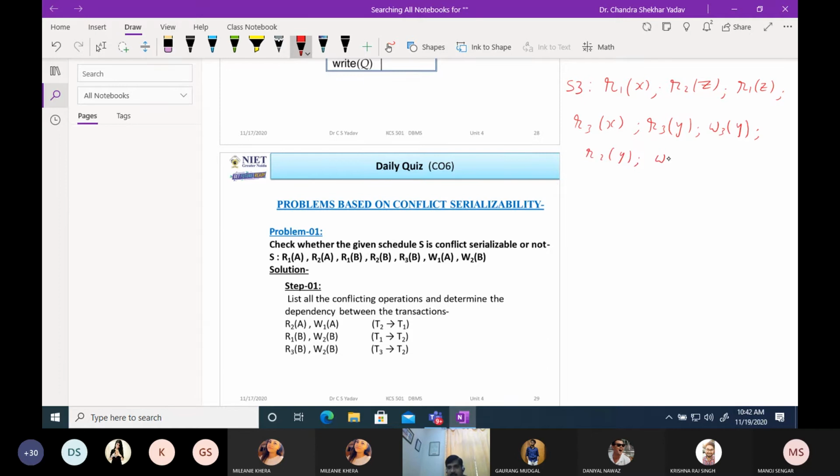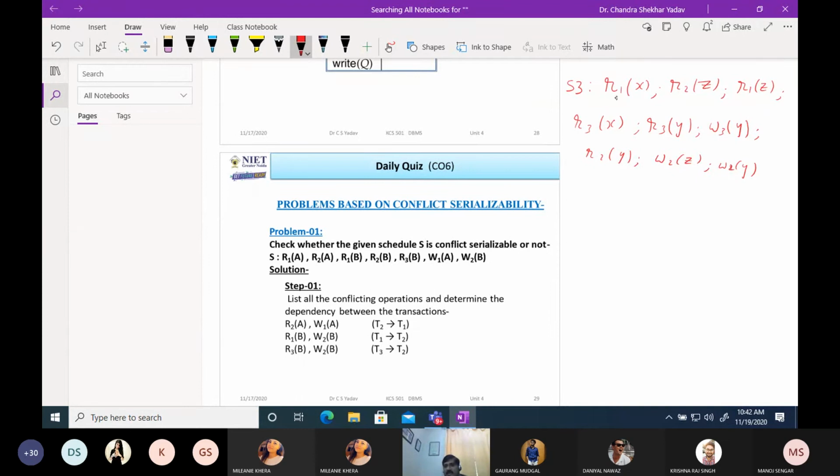And then W2Z. Again W2Y. Now please let me know whether non-serial schedule S3 is conflict serializable or not.